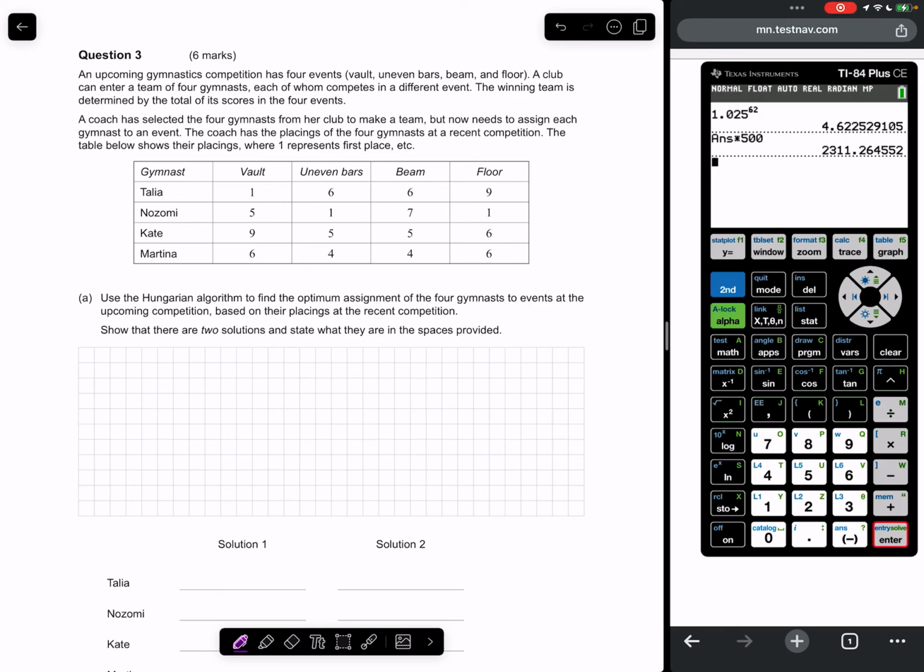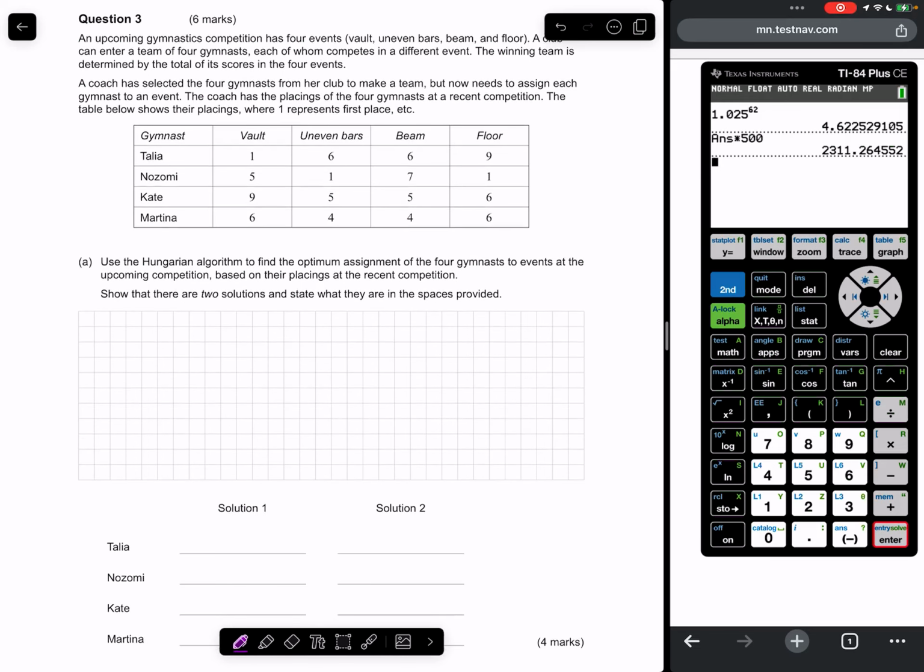The coach needs to assign each of the 4 gymnasts to an event, and has the placings. 1 represents first place, so 1 is better. If we want the best team, we are minimizing, which is what the Hungarian algorithm does. So we can use the table as it is.